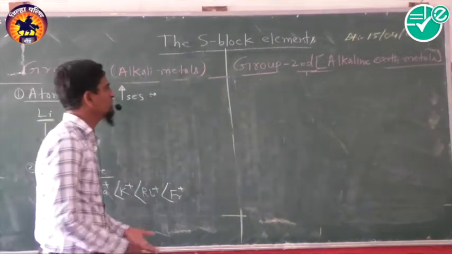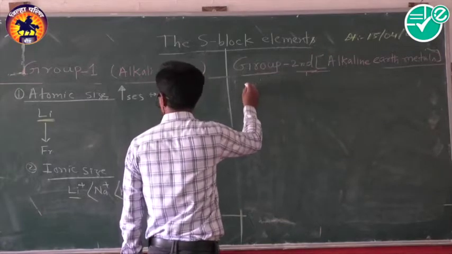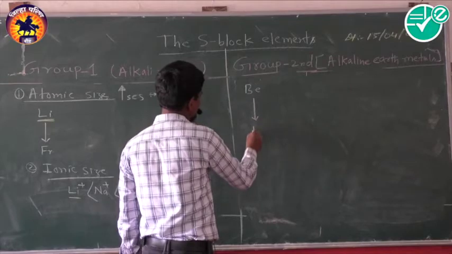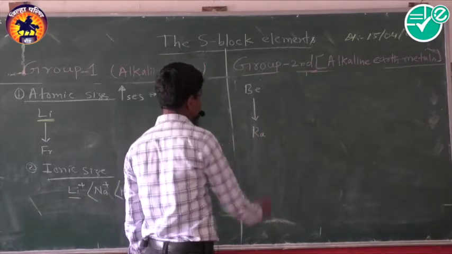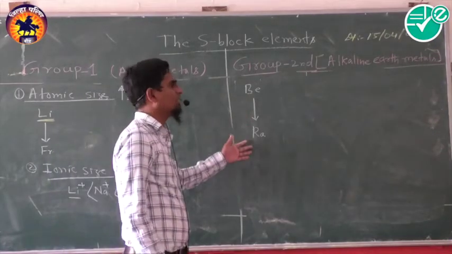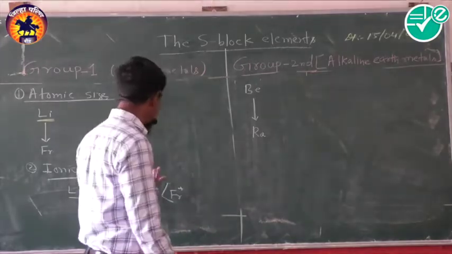The same thing goes on in group 2. Whether you move from beryllium to radium, atomic size increases. The thing is the same. Why?